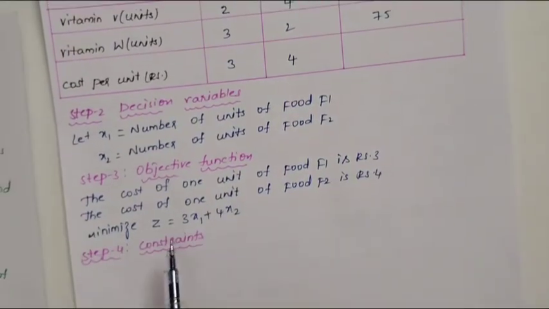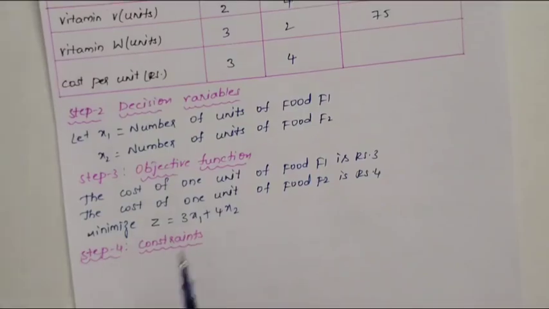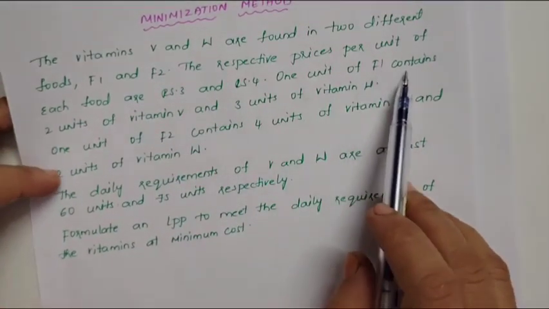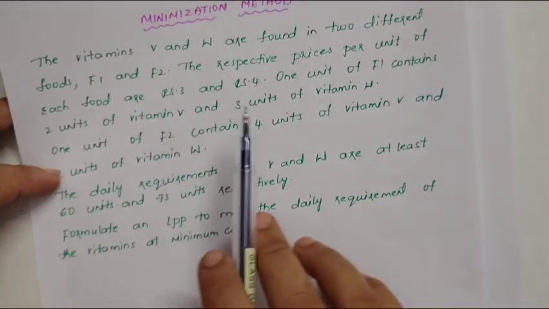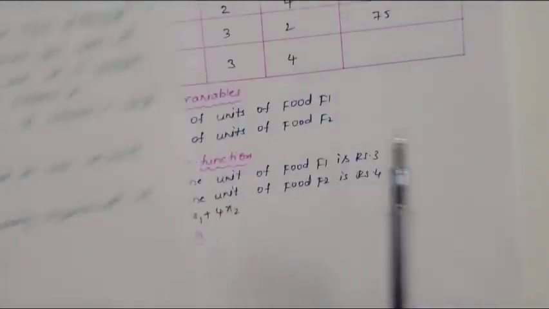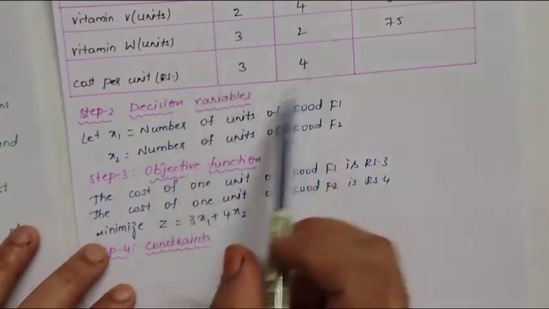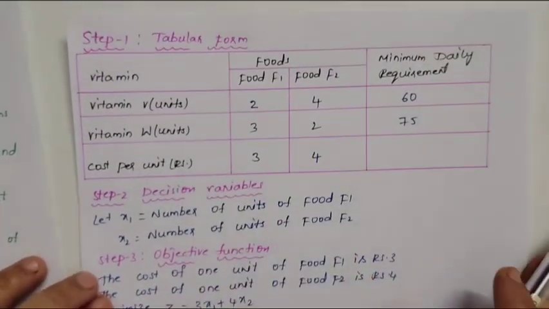We are moving to the next step, that is the constraints. As given in the question, food F1 contains 2 units of vitamin V and 3 units of vitamin W. With the help of the question, we have written this in the table.